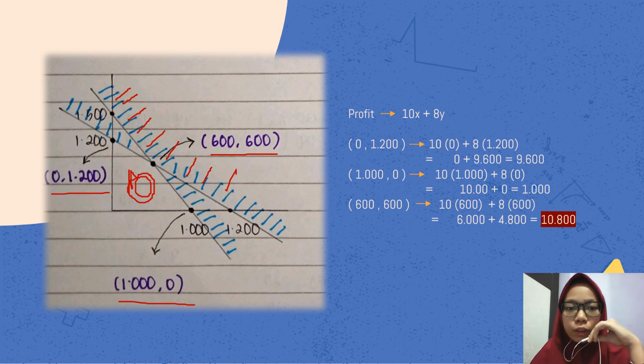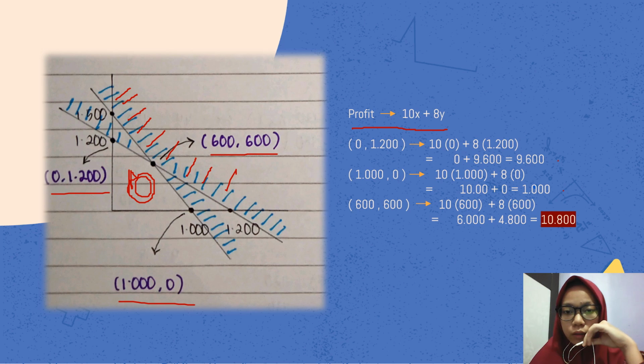And then we put the corners into the equation of profit. If the corner is 0, 1200, the profit is equal to 9600. If the corner is 1000, 0, the profit is equal to 1000.